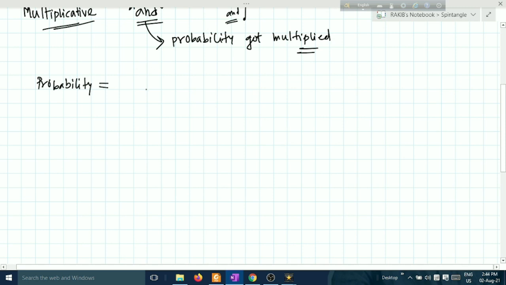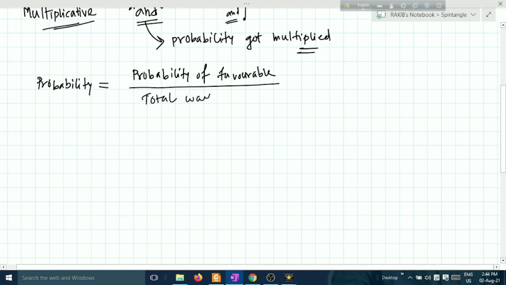The probability here is the probability of favorable ways or allowed ways by total possible ways. This is favorable ways by total ways.